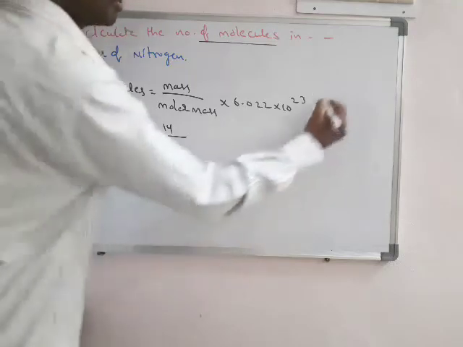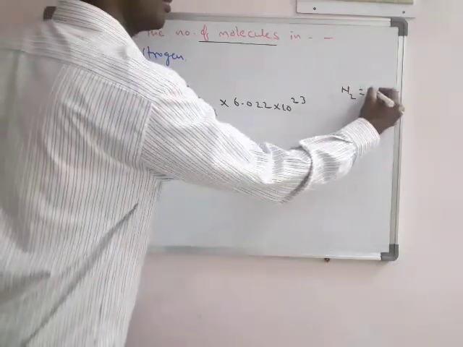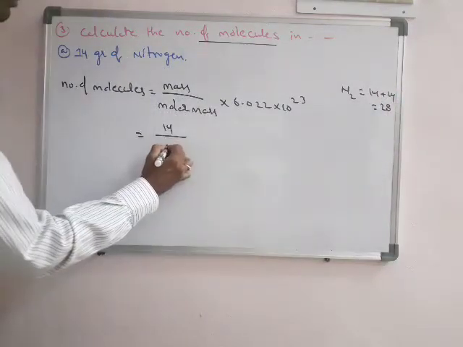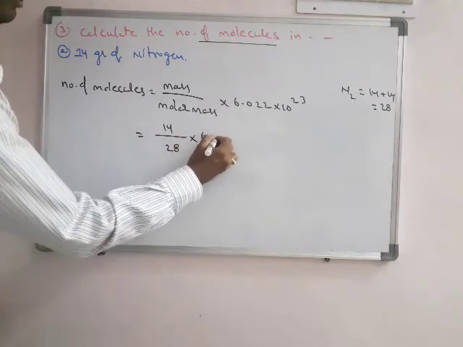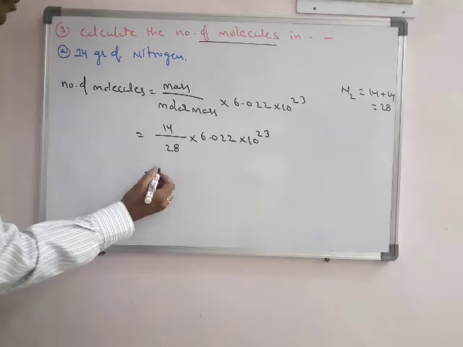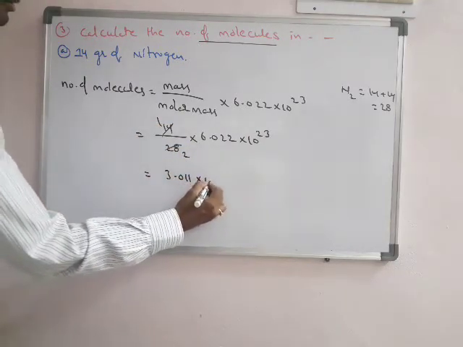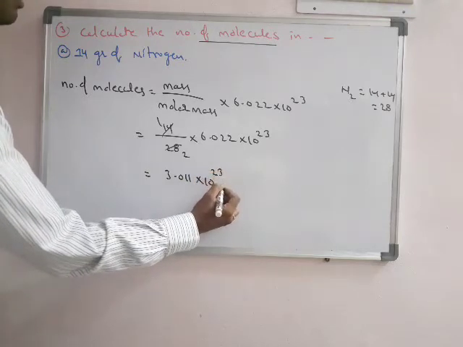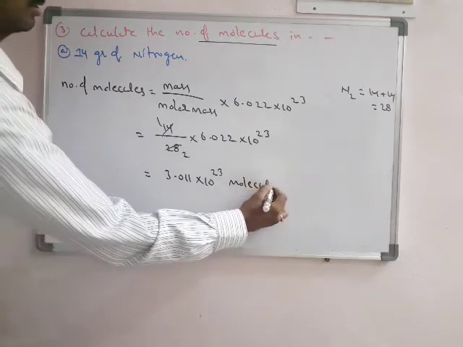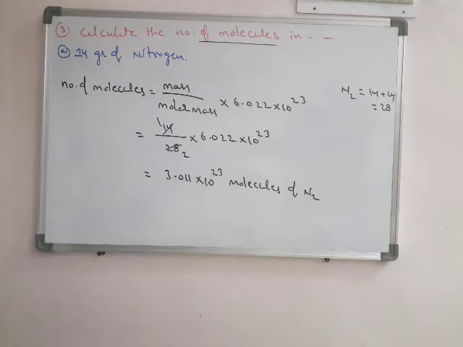Nitrogen molecule means N2, molecular weight is 28. We just need to remember the exact formulas for a given problem. So this is 3.011 into 10 power 23 molecules of nitrogen.